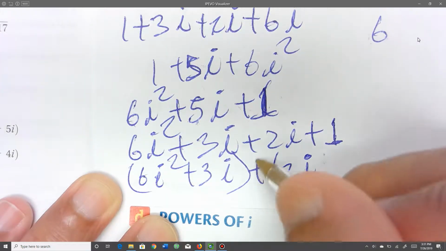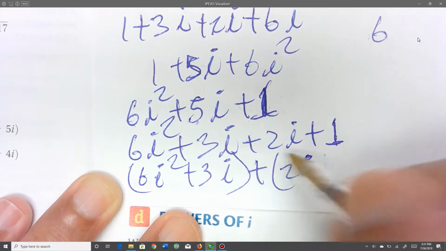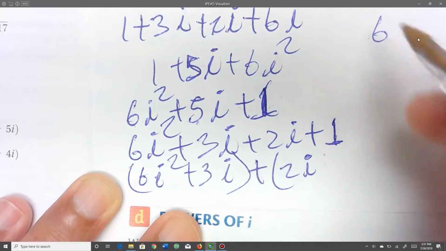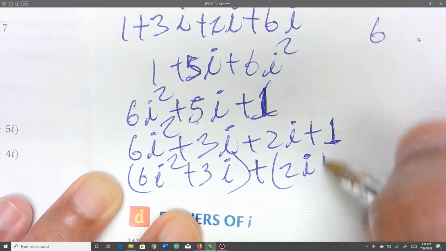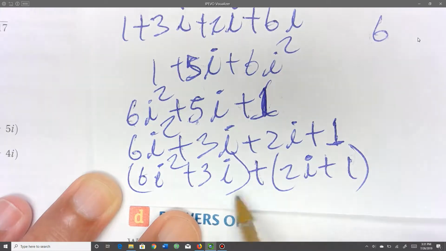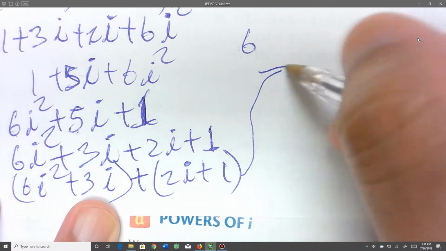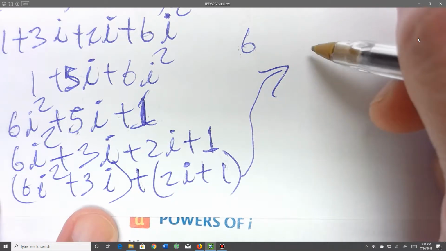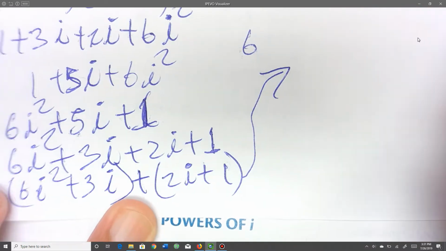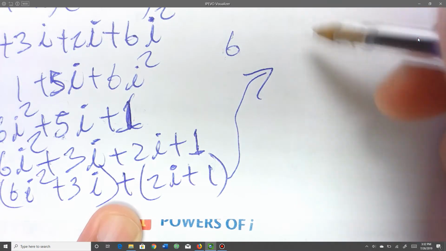It would be good practice to split them up with a positive sign there and not a negative sign. Now I'm just going to bring it up here and continue over here, because now I can see that these 2 terms have common factors, not this.